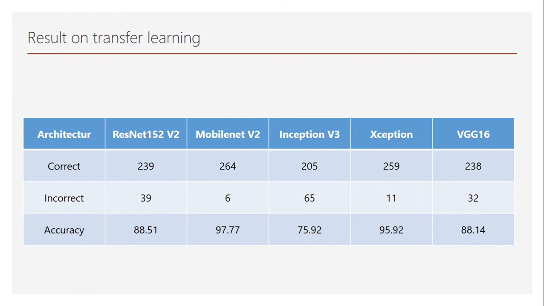Using our model, we extracted the features of those images, and after feature extraction, we applied the leave-one-out nearest neighbor algorithm to get the correctness of the prediction.